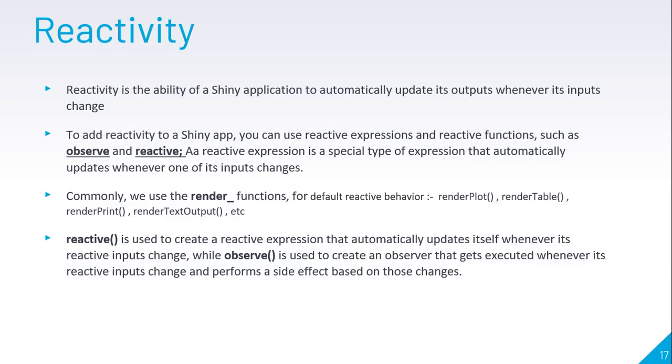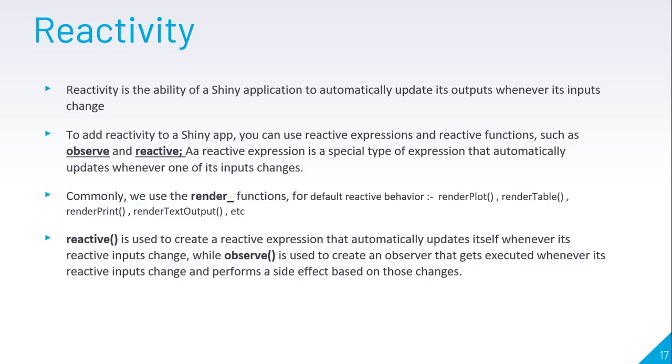It keeps observing the button, and if someone presses it, it executes. But reactive creates an expression, like if you have an expression to get the two roots of a quadratic equation, you create that inside the reactive function.